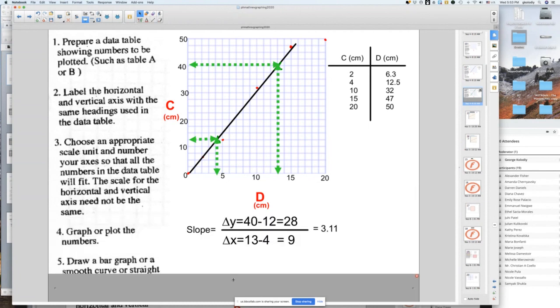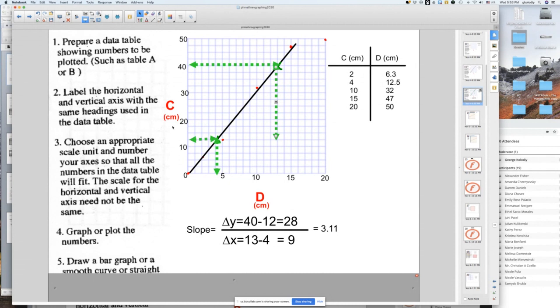Actually, this is from here. Well, that's delta y, and this is delta x over here. 13 minus 4. And it turns out to be 3.11.